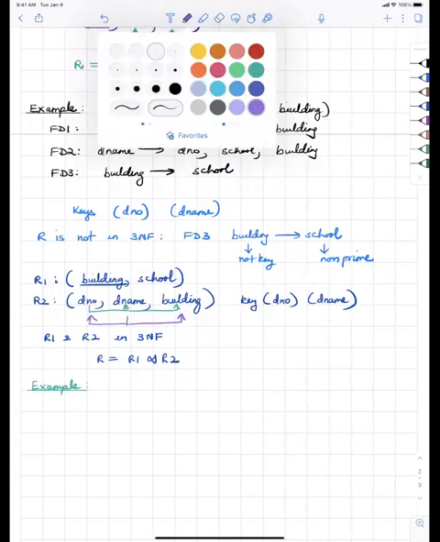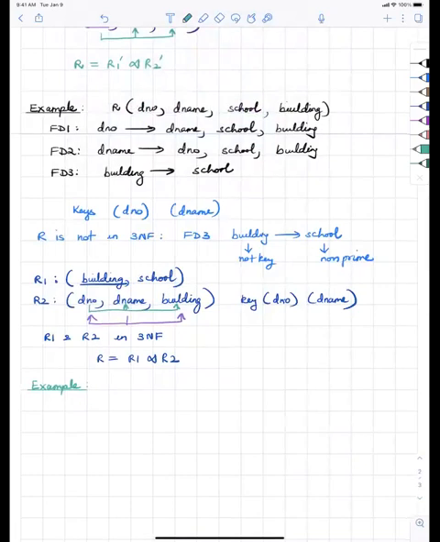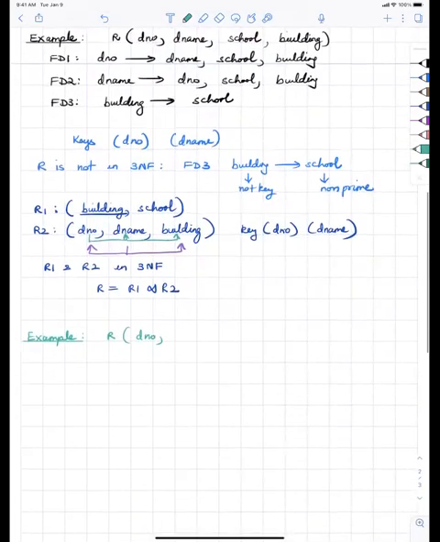Okay, so let's look at this next example. We have R, which is, again, I'm just going to stay with this example for a while. D number, school, D name, building.